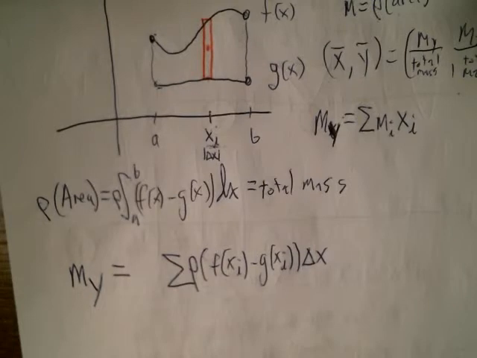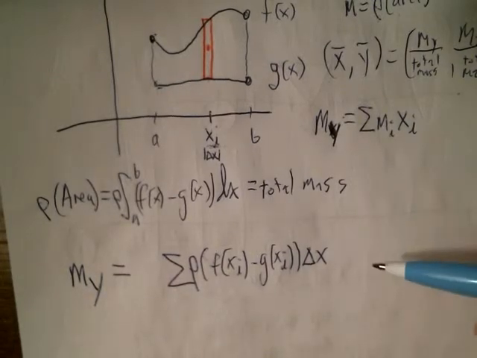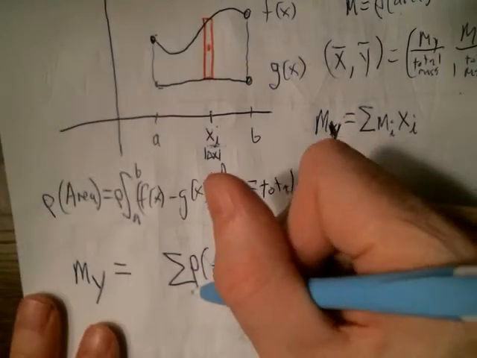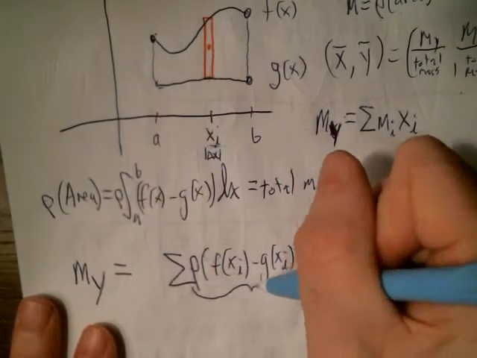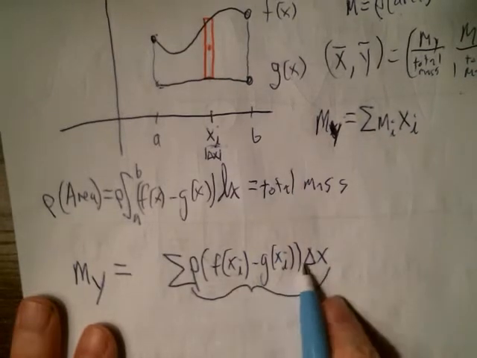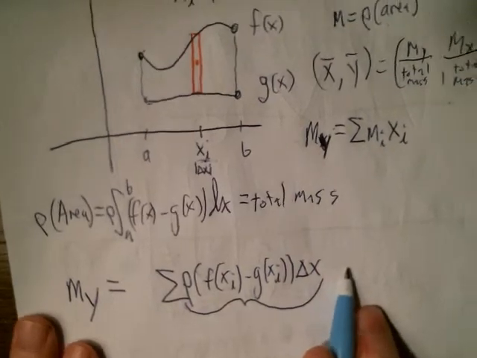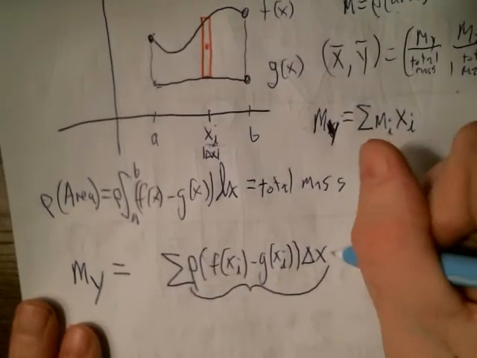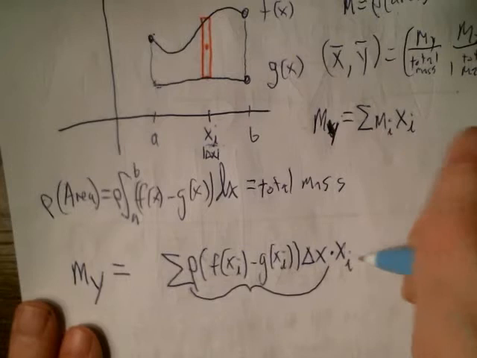Okay, so in particular, then the mass is going to be this stuff here. So it's density times area. But then we also need the distance, so this x part of the formula here. So we need to also multiply in by x sub i.